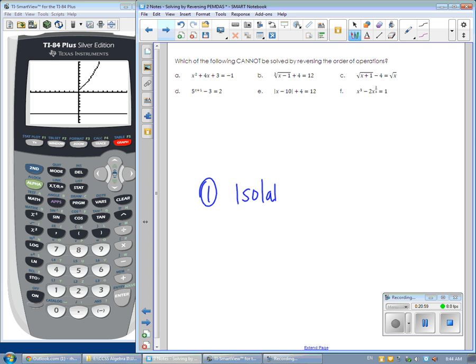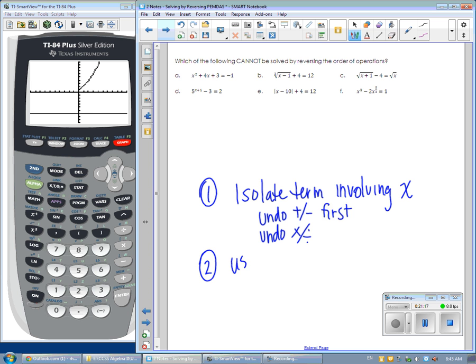Isolate the term involving x. Okay, and we're going to undo addition and subtraction first. And then we'll undo multiplication and division. Okay, and then after that, use inverse operations, and usually at this point it's dealing with exponents and roots.